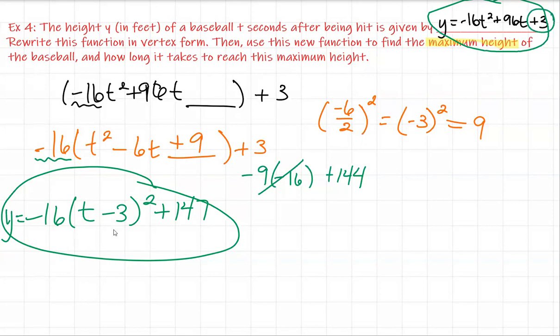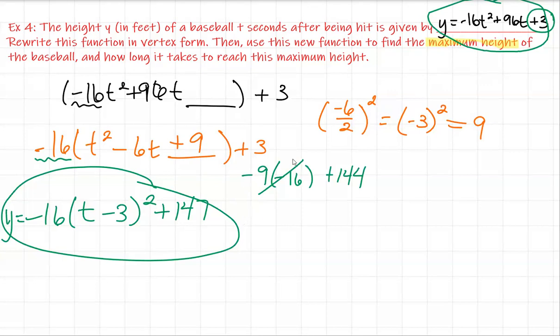I can get the vertex from here, but I could not tell you what the y-intercept is from this one, because there's no indication of the y-intercept here unless I plug in 0 to actually calculate it. I don't see it immediately. That's the difference. I see different things immediately from each of these.